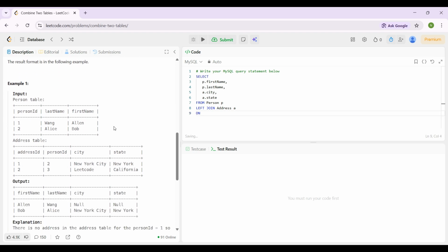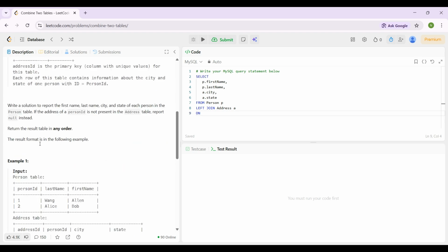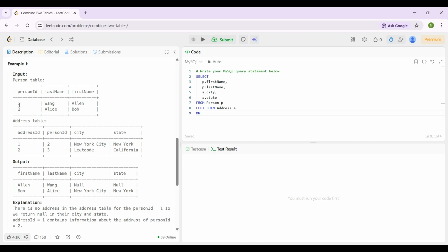There should be a condition, right? Like the column name should be matching so that we will get the values. See here. Here person ID is 1. There is no value, so we had written null. Here the person ID is 2 and the person ID is 2. 2, 2. The person ID should be matching, right? That is, the person ID in the person table and the person ID in the address table must be same, right?